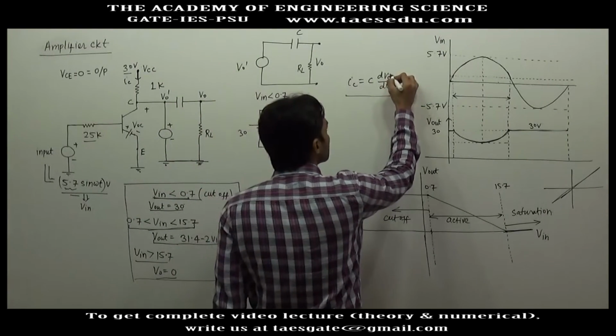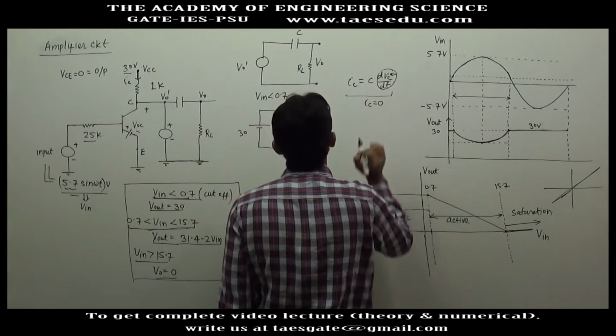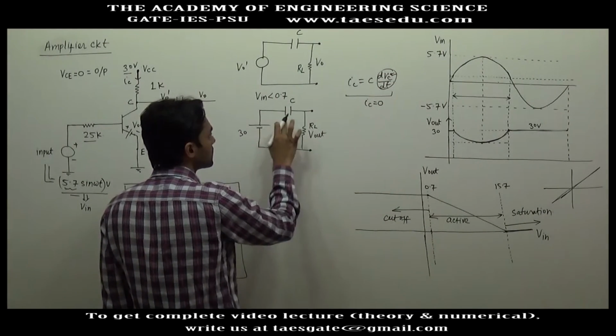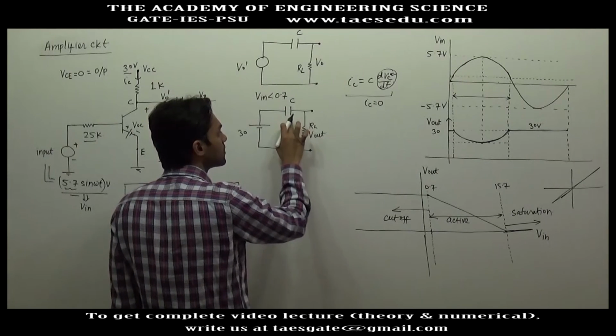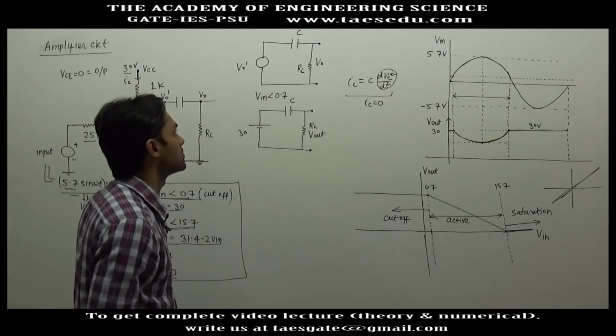So if voltage becomes constant, this will be 0, so IC will be 0. So in a steady state, the capacitor will not allow any current, and if current is 0, the output voltage will be 0.